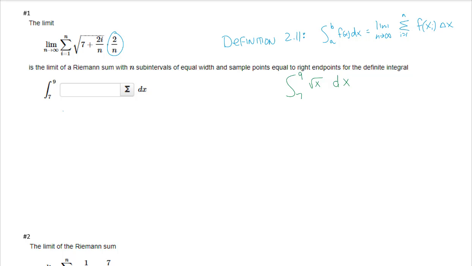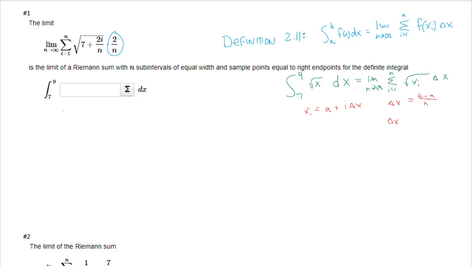Now let's say we were trying to calculate this using the definition above. Okay, so then this would be equal to the limit as n goes to infinity of the summation i equals 1 to n of the square root of x sub i times delta x. Now we know also that x sub i is equal to a plus i delta x, and delta x is equal to (b minus a) over n.